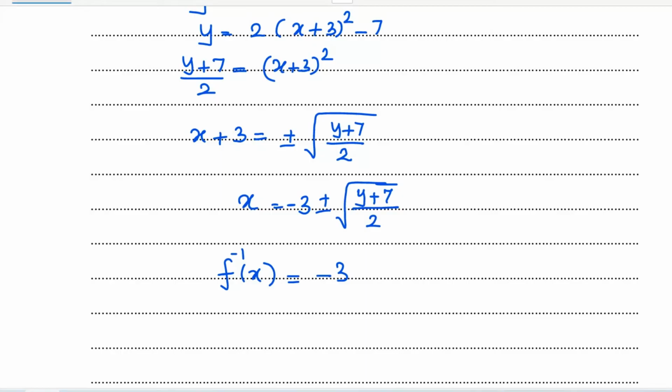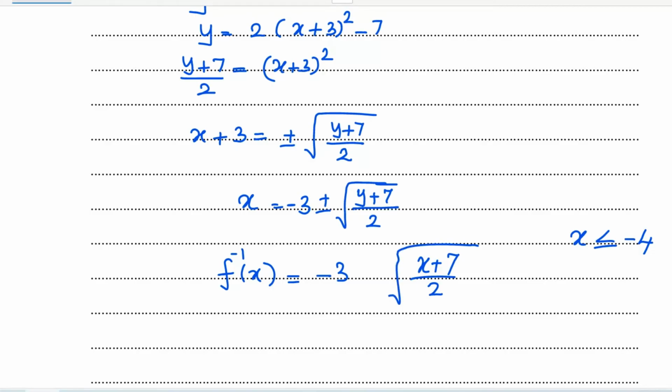So to check what sign we will get here, it's given x is less than or equal to negative 4. When you substitute the x value as negative 4, replacing y by x, you will get minus 3 square root of x plus 7 divided by 2.